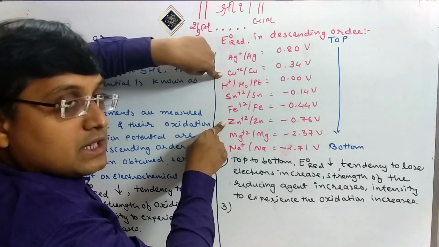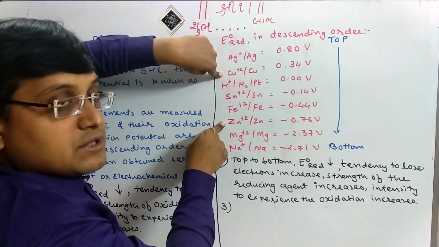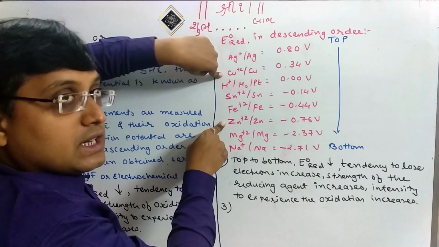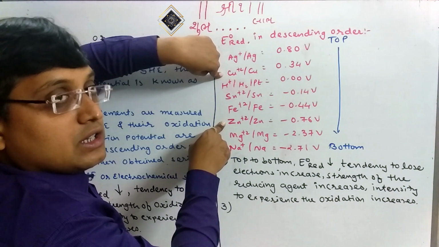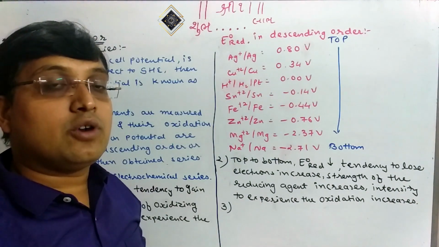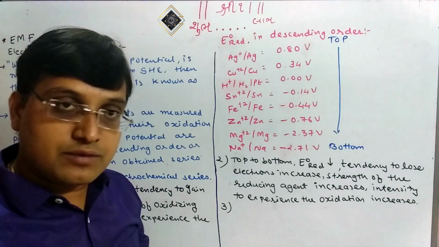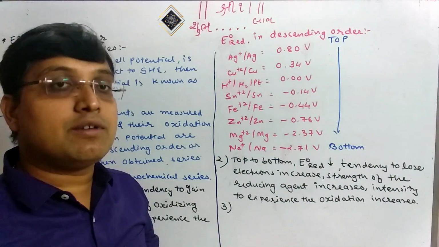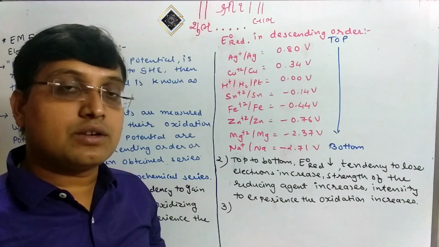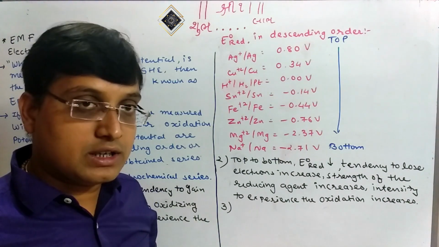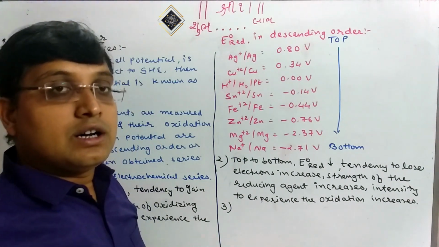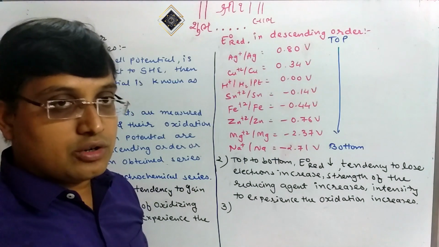In short, the half cell which has a higher reduction potential works as cathode and the other works as anode. Suppose the series is given in form of oxidation, then it is the opposite: the half cell which has a higher oxidation potential works as anode and the other works as cathode. Clear? So third point, we can predict the anode and cathode.